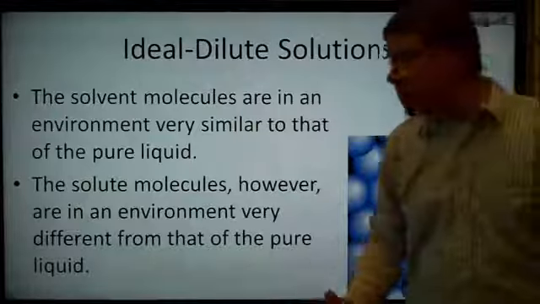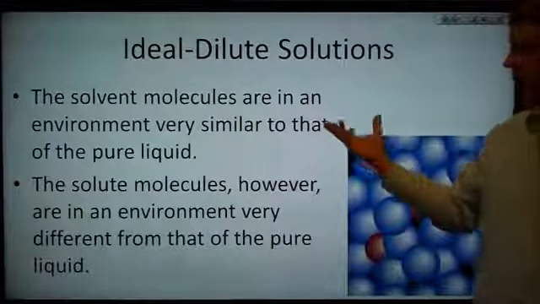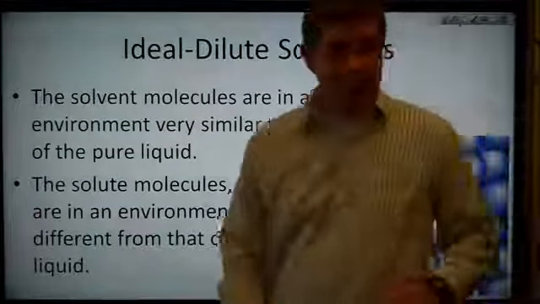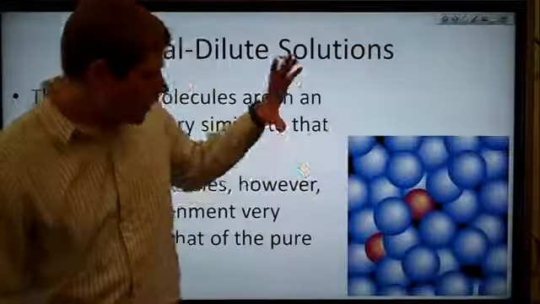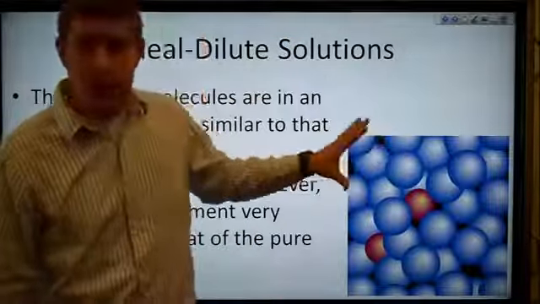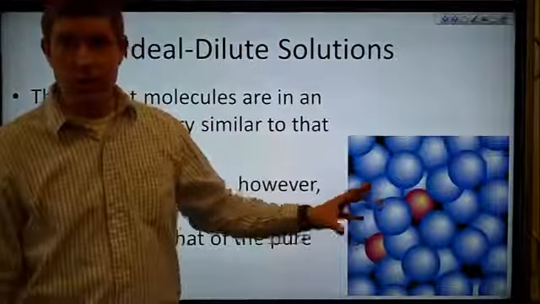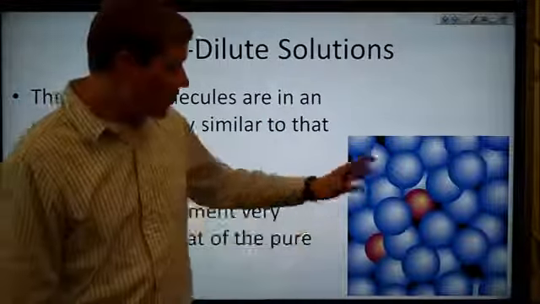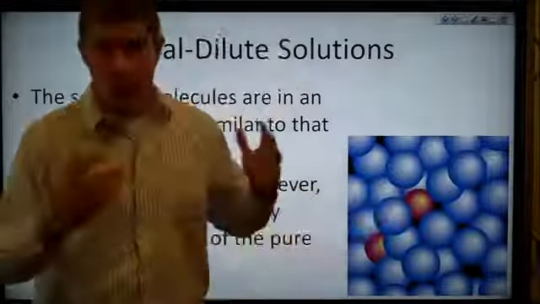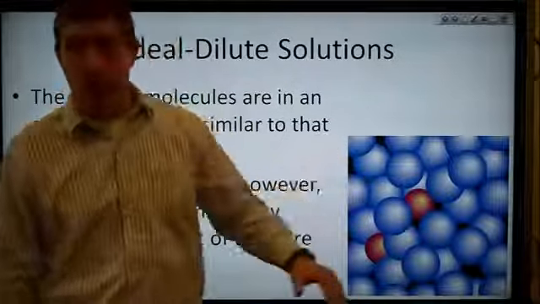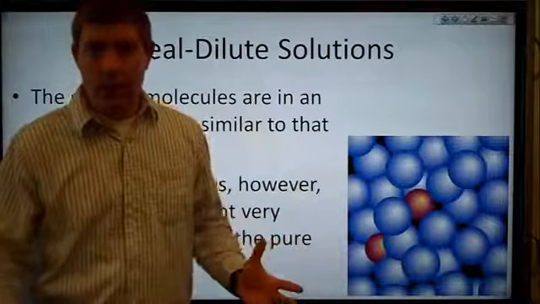The reason for this is that the solvent molecules are in an environment very similar to the environment they're in while in a pure liquid. If we look over here, we've got some blue molecules. That's what most of these are. Those molecules are in an environment very, very similar to the environment they would be in while they were pure. If it was pure, then these two red molecules would be blue, in which case all the molecules would be in the same environment.